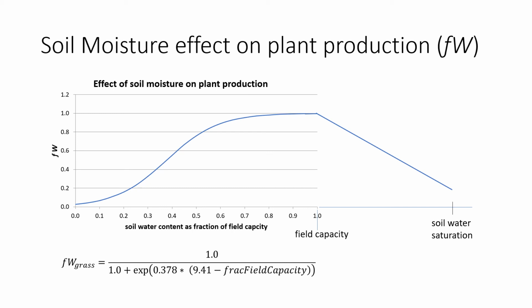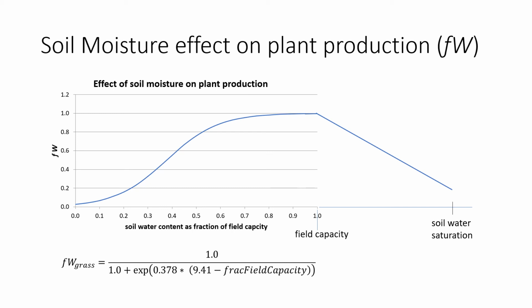But as the soil moisture increases, the plant would grow better up to field capacity, which is often considered ideal for most plants, not all plants, but most plants. And then this particular plant is parameterized so production is reduced when water starts filling up the pore space.